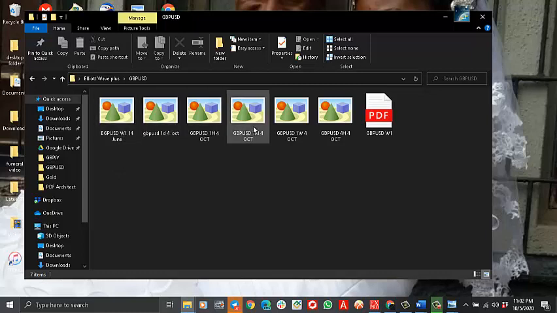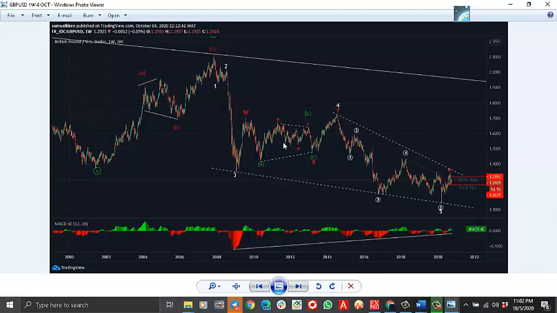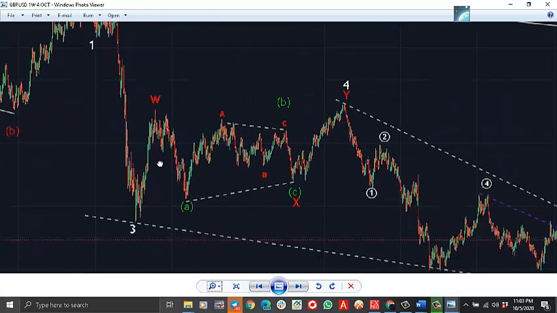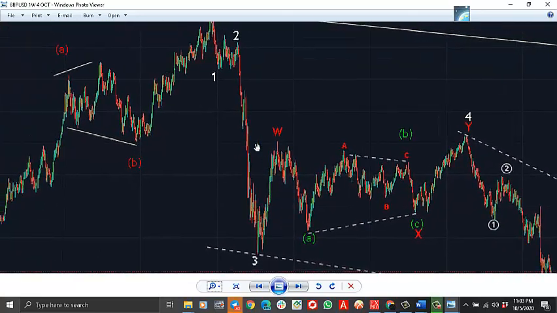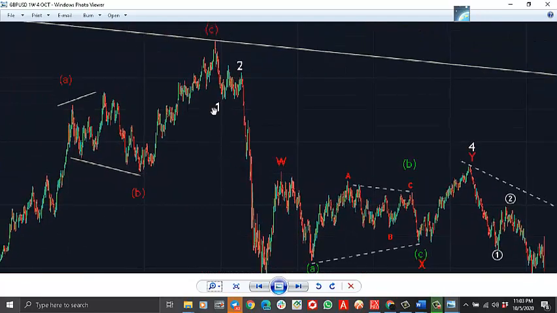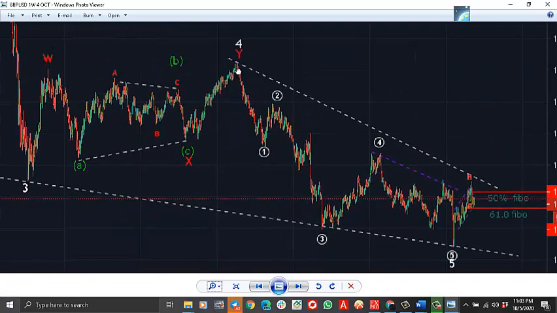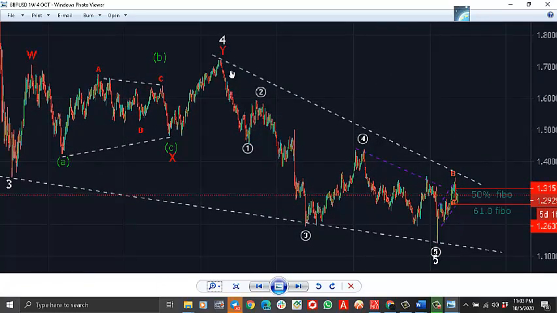Weekly chart, GBP USD. In the weekly chart, we don't have much to do, but we will see what is happening. This is wave 1, 2, 3, 4, and 5 is developing as an ending diagonal.